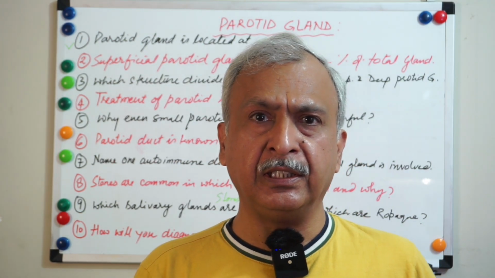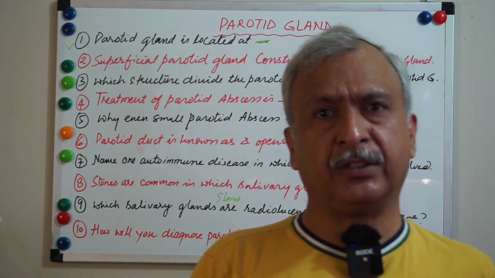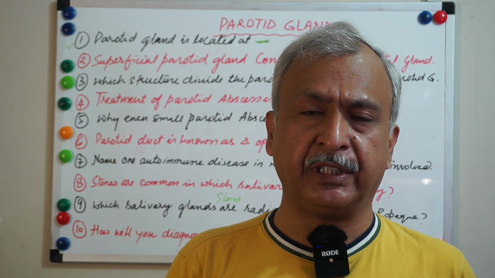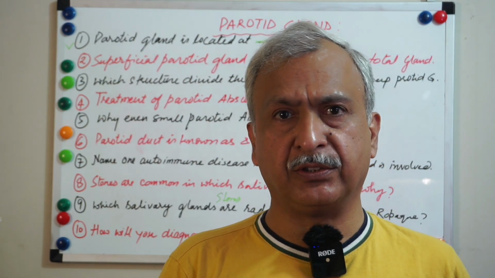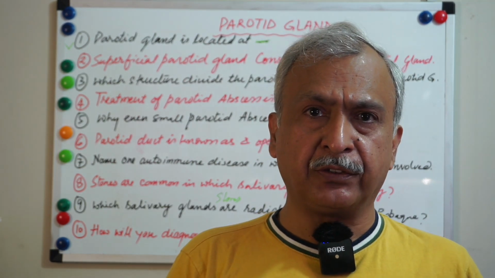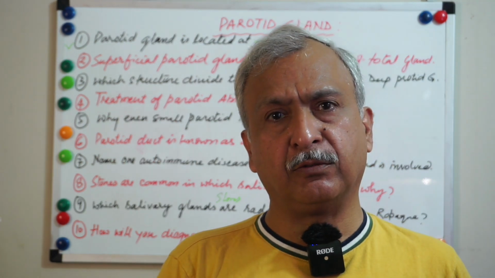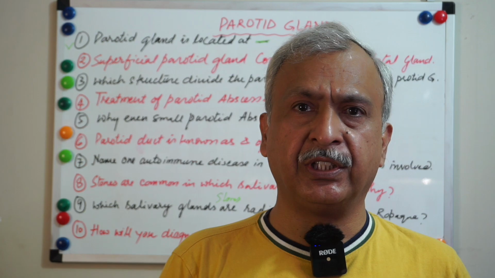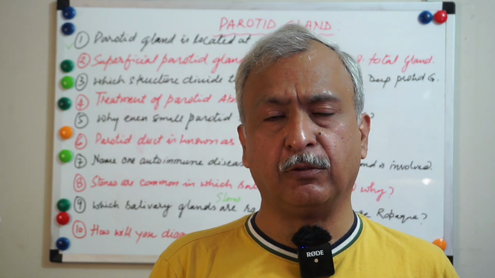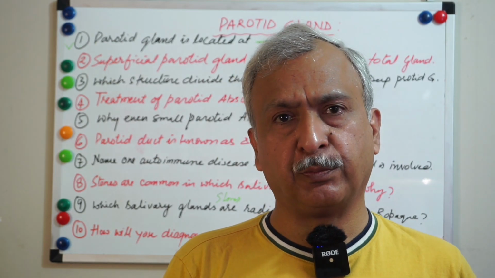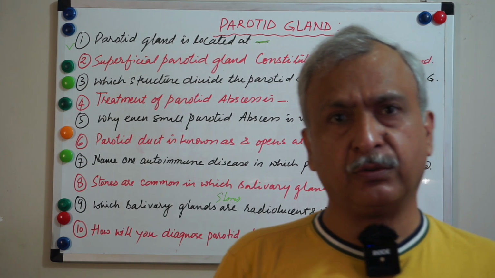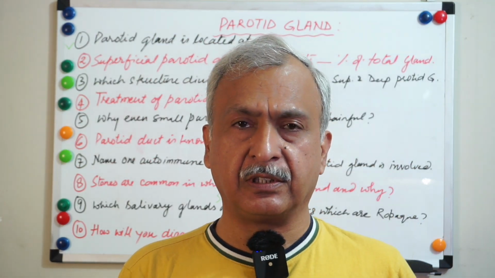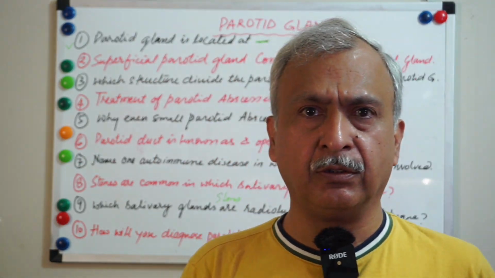So you can easily go for the ultrasound or X-ray to locate the stone and to manage it accordingly. If the stone is radiolucent and you are trying to locate it with the X-ray or CT scan, it is just a failure of investigation, because you will not be able to exactly locate the stone and its position. So you must know which salivary gland stones are radio opaque and which are radiolucent.